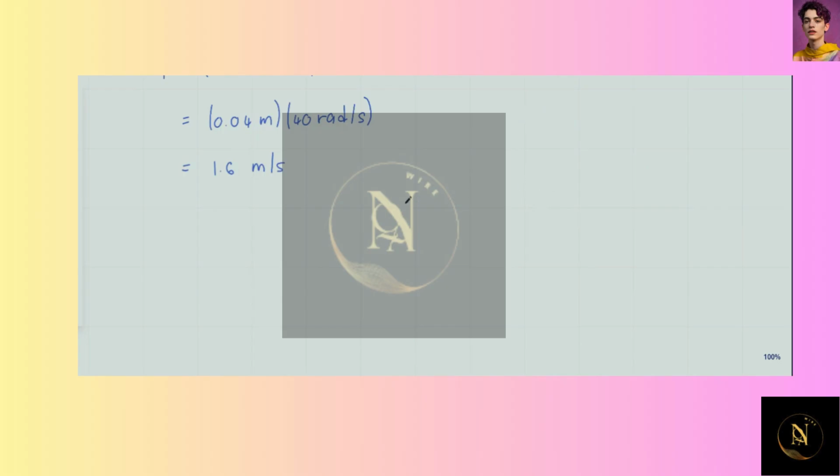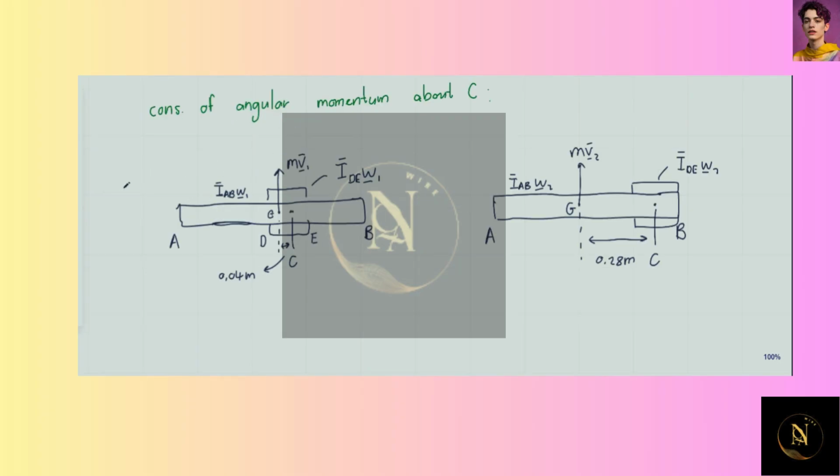Next, we'll apply the conservation of angular momentum about point C. If we look at our diagram for the conservation of angular momentum about C, we initially have this position, and we have the mass center G, which has a linear momentum m v bar 1. The cylinder has angular momentum I bar DE times omega 1, and the rod has angular momentum I bar AB omega 1.